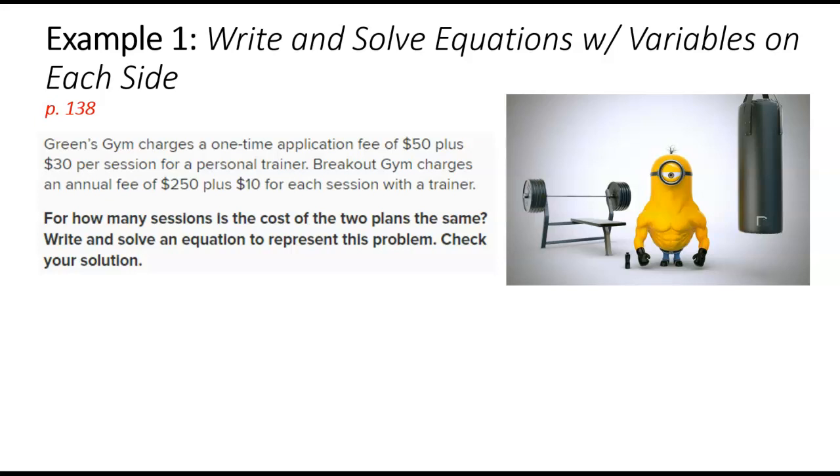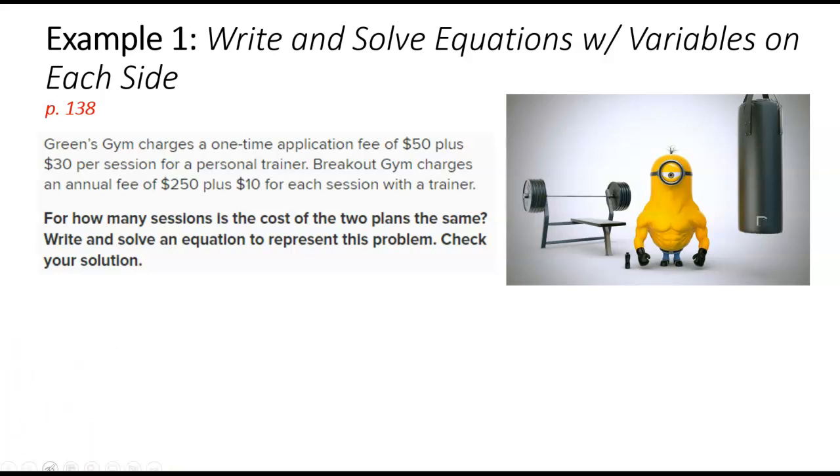So here's the first problem we're going to try together. We want to model this problem with an equation and then solve the equation. Green's Gym charges a one-time application fee of $50 plus $30 per session on a personal trainer.